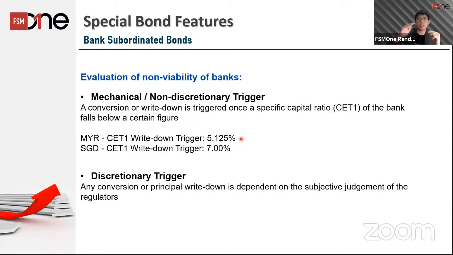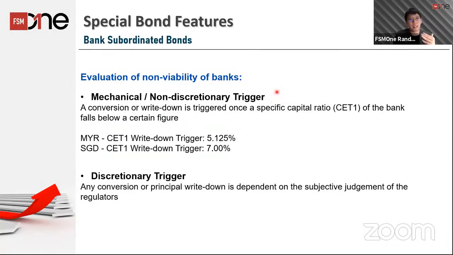Meaning if a bank's CET1 ratio falls below this level, they will trigger this loss absorption event to let the hybrid securities absorb the losses in order to increase the CET1 ratio. And for the Singapore context, the CET1 trigger is anything below 7%.